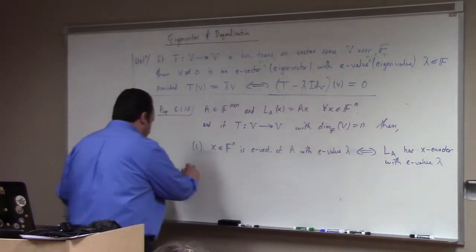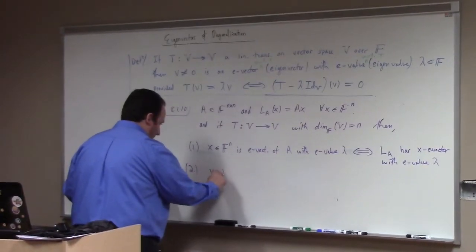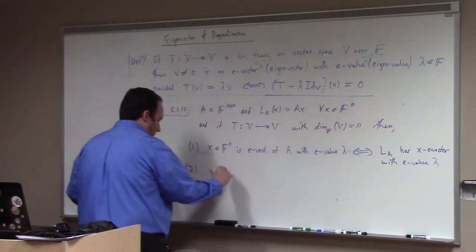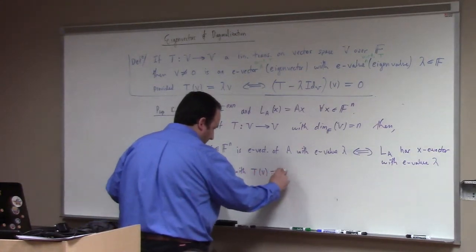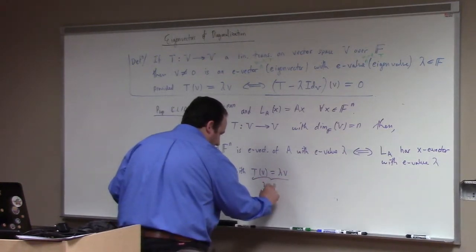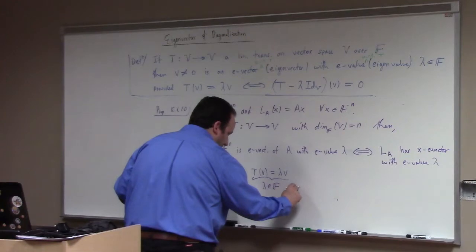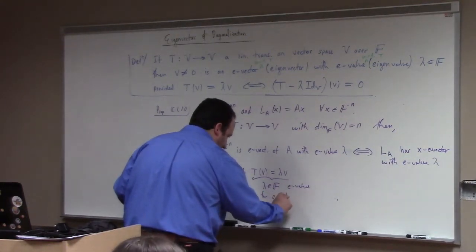And likewise, v in V with T of v equal to lambda v. In other words, lambda in the field is an eigenvalue for eigenvector v.